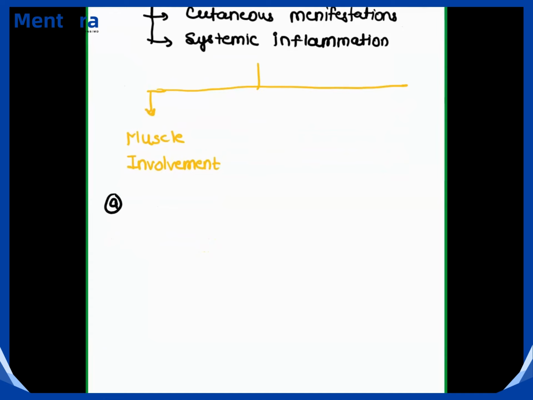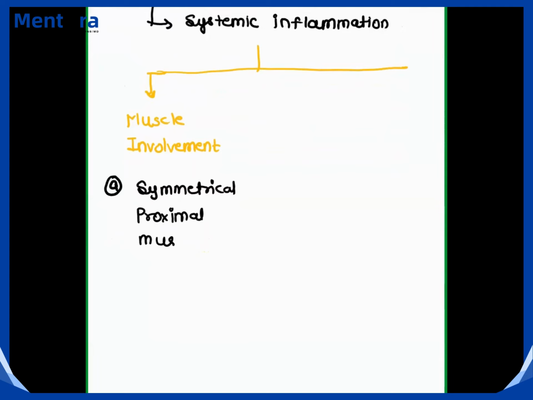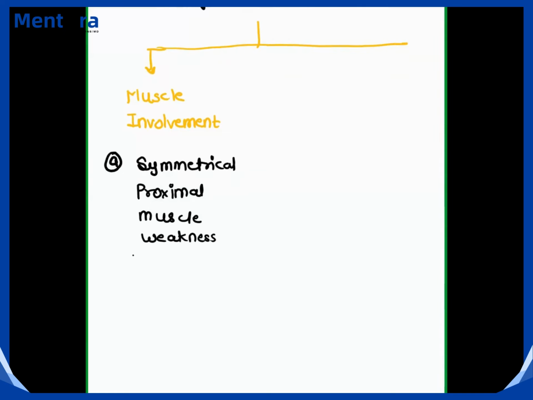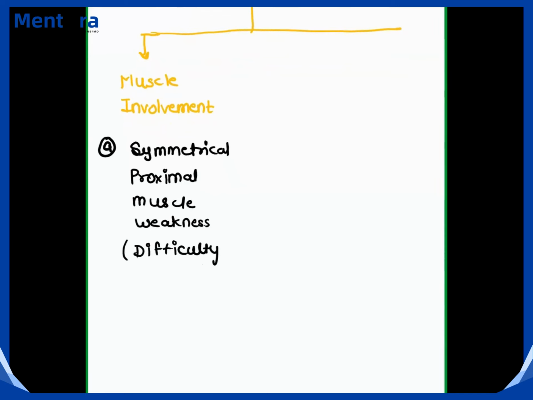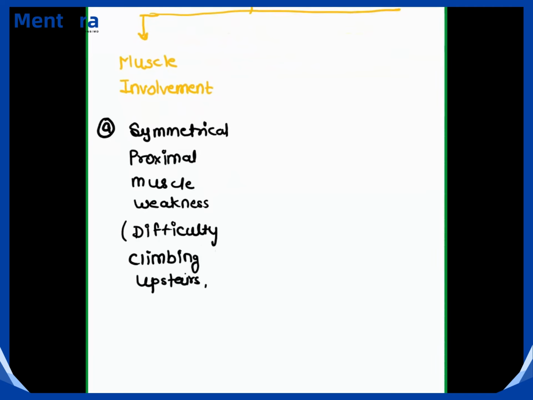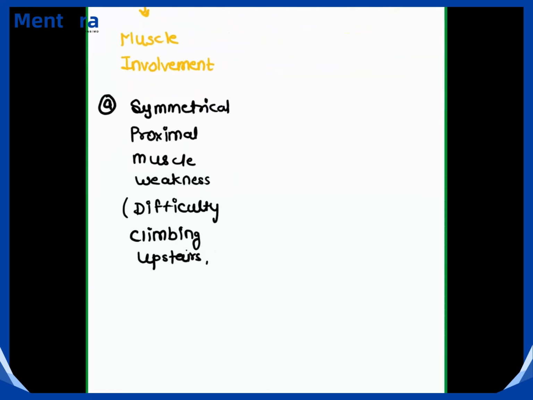The characteristic of muscle involvement is symmetrical, proximal muscle weakness, that is difficulty in climbing upstairs, getting up from the sitting position, so difficulty in getting up from sitting.